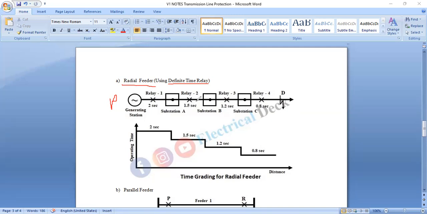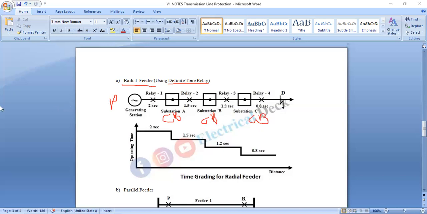The entire feeder is sectionalized, suppose A, B, C, that means A to B, B to C, and C to D. Now, definite time relays are used for the individual sections, which give trip signals to the respective circuit breakers, at substation A, substation B, and substation C.